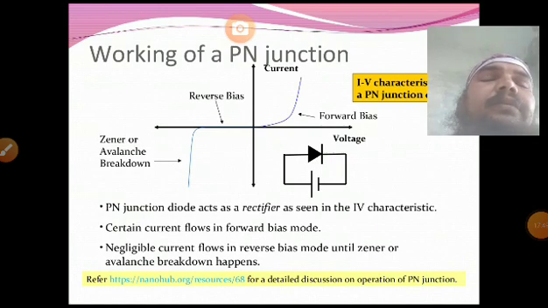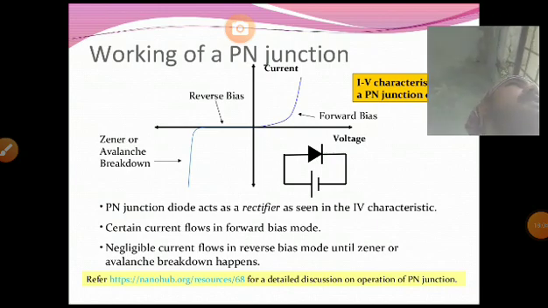The PN junction diode acts as a rectifier, as seen in the IV characteristics. Certain current flows in forward bias mode. Negligible current flows in reverse bias mode, until avalanche breakdown happens.